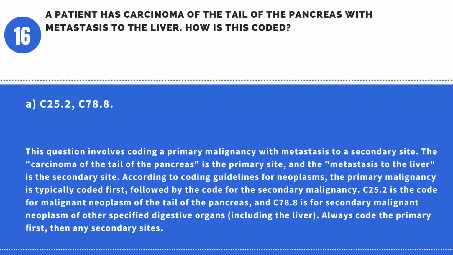According to coding guidelines for neoplasms, the primary malignancy is typically coded first, followed by the code for the secondary malignancy. C25.2 is the code for malignant neoplasm of the tail of the pancreas, and C78.8 is for secondary malignant neoplasm of other specified digestive organs, including the liver. Always code the primary first, then any secondary sites.